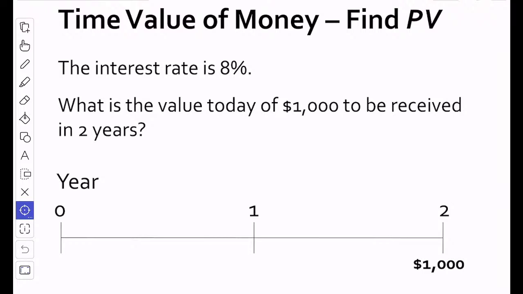So if you're prepared to give up consumption today to get 8% later, then this is your world. This is where you're at. If you trade off money today for money tomorrow at a different rate, then the interest rate would be different.